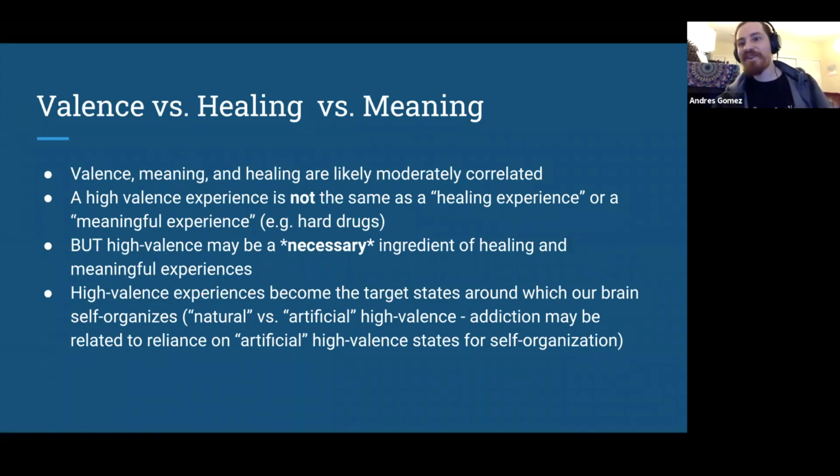I would even go as far as to say that for a psychedelic experience to be deeply healing, it has to involve high valence in one context or another. Of course, you may end up processing a lot of very difficult emotions, but ideally it allows you to heal those difficult emotions and transform them into a state of mind that has many more of the positive qualities.